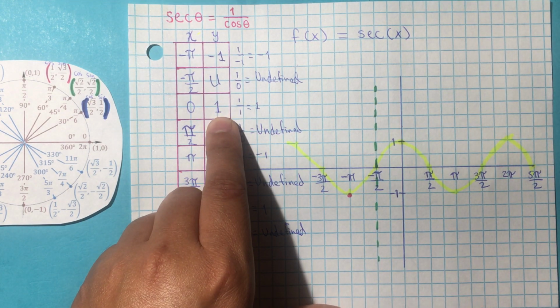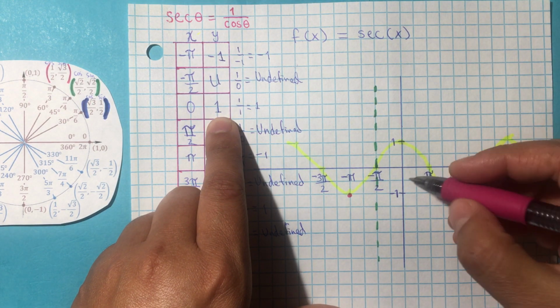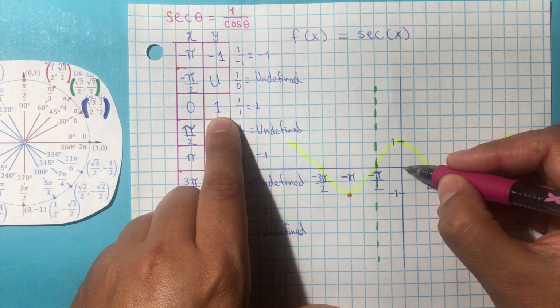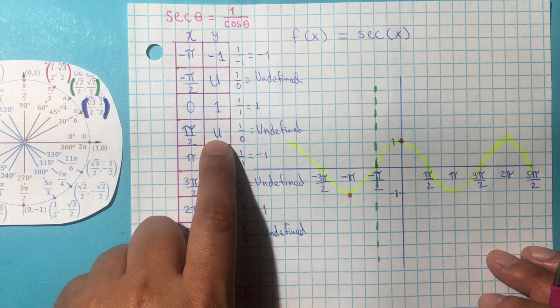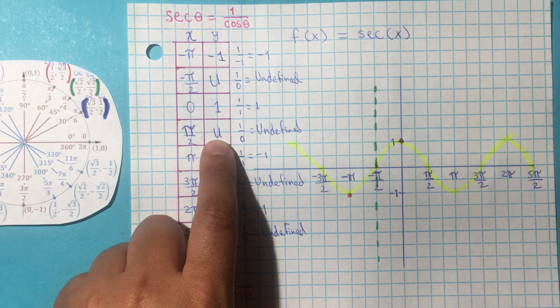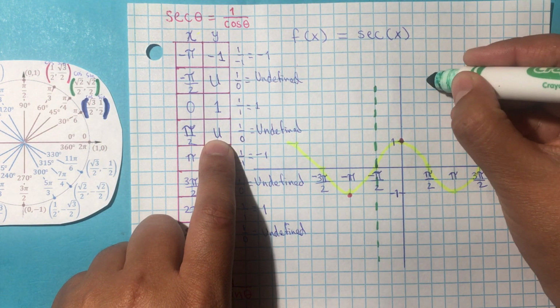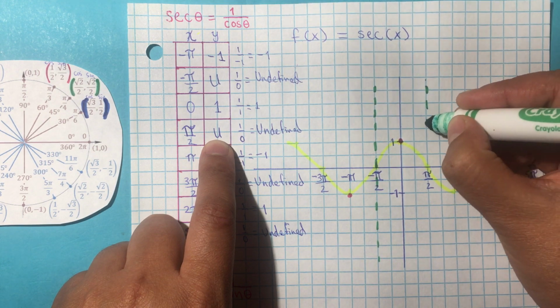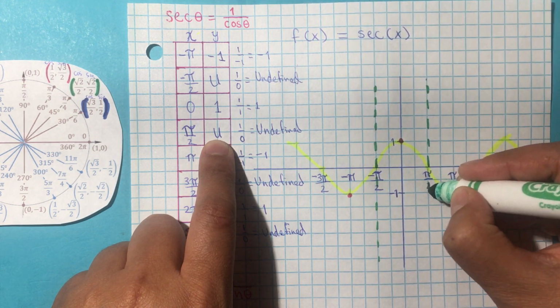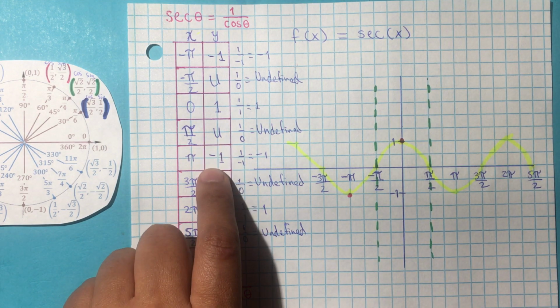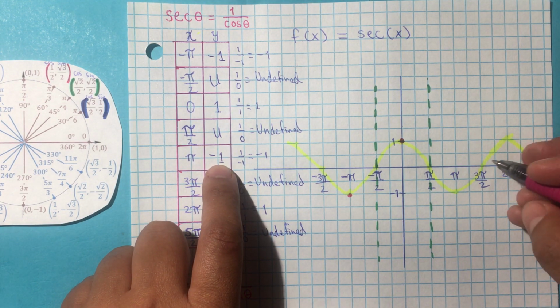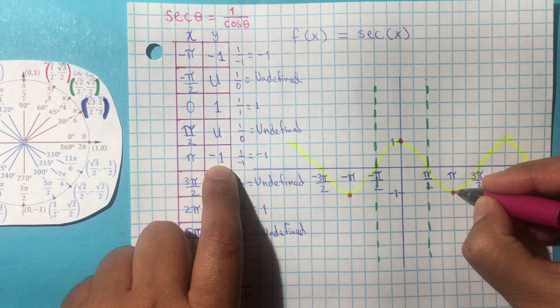For 0, the answer is 1. So 0 is right here. The point is at 1. Pi/2 is undefined again, so we draw the vertical line, the undefined line. For the next one, pi is -1, so it's right here.